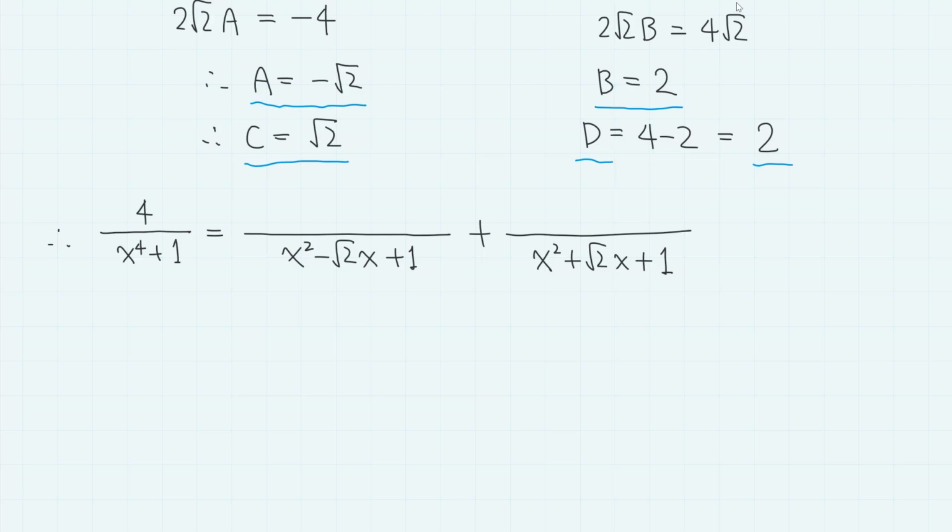Therefore, the complete partial fraction is (minus square root of 2 x plus 2) divided by (x squared minus square root of 2 x plus 1) plus (square root of 2 x plus 2) divided by (x squared plus square root of 2 x plus 1).